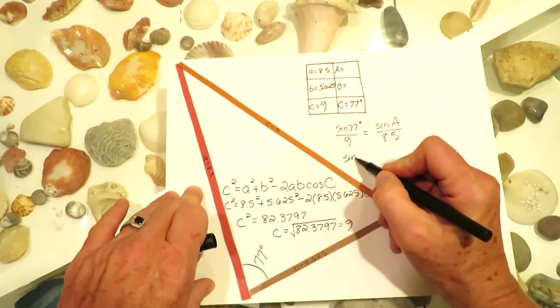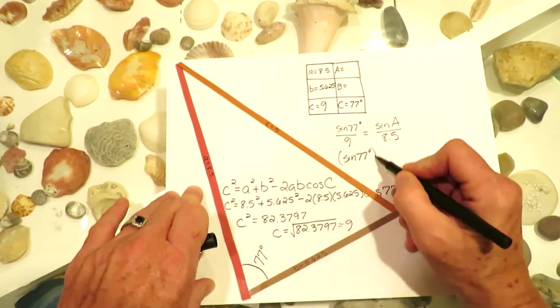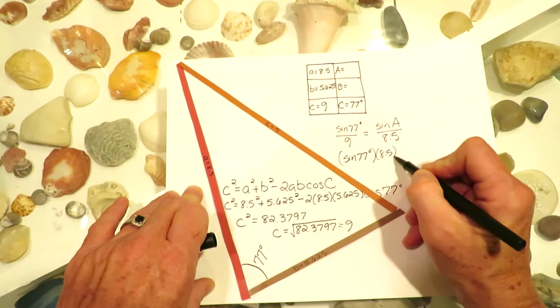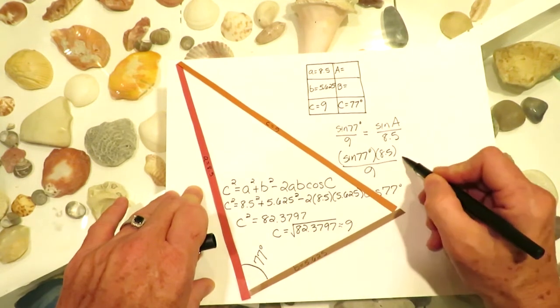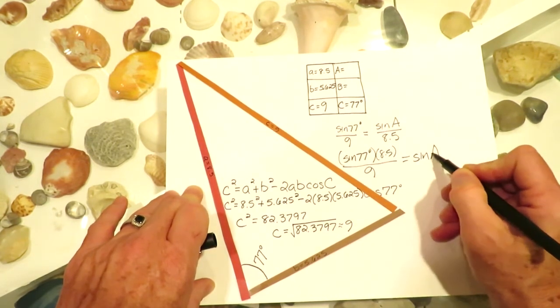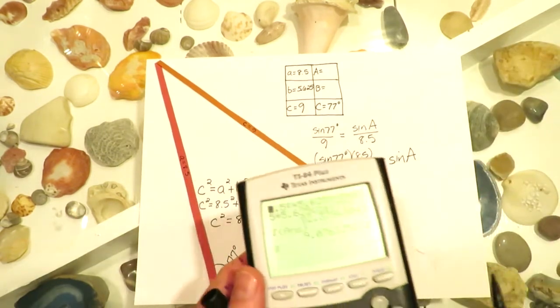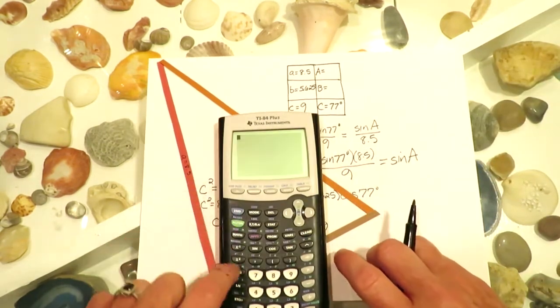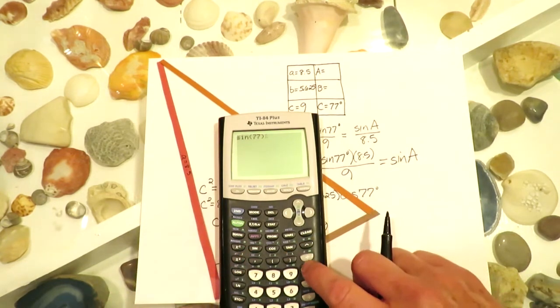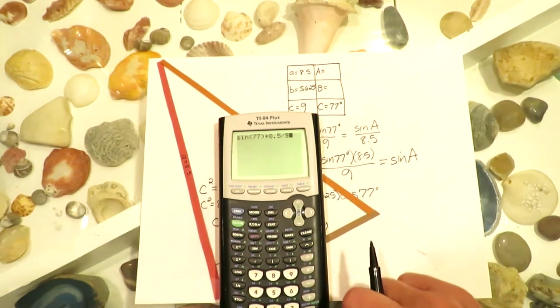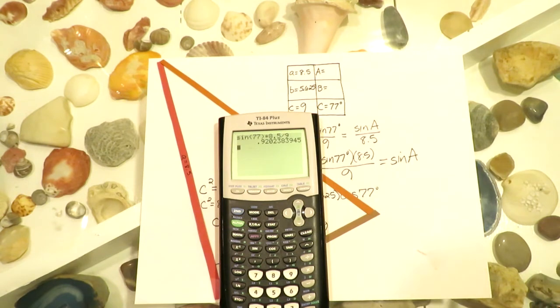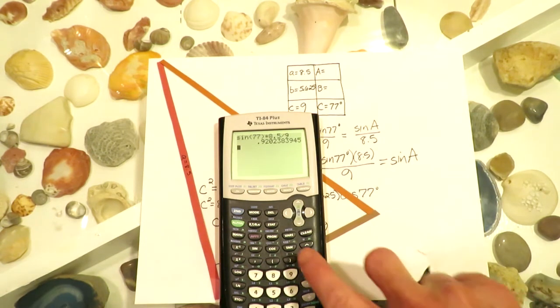So sine of 77 multiplied by the 8.5 divided by 9 would equal sine of angle A. Using our calculator to number crunch that, I get a sine value of 0.9202.